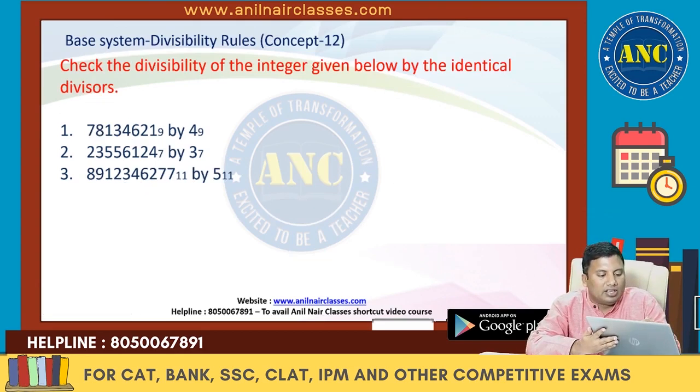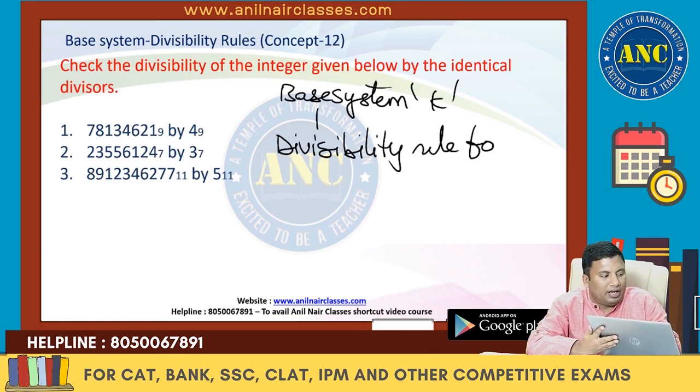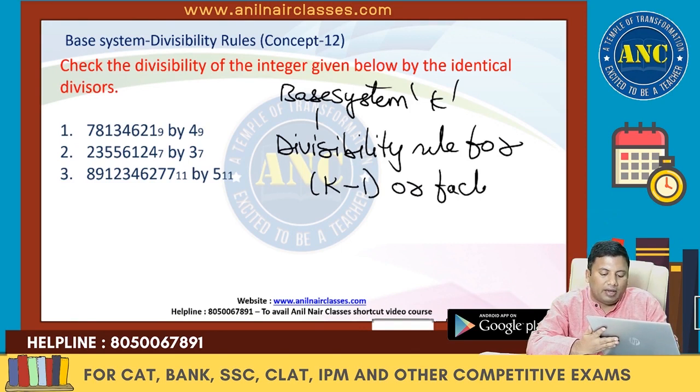Concept 12 is, in a base system K, finding the divisibility rule for K minus 1 or factors of K minus 1. What is the concept?